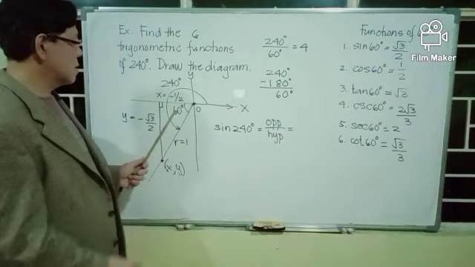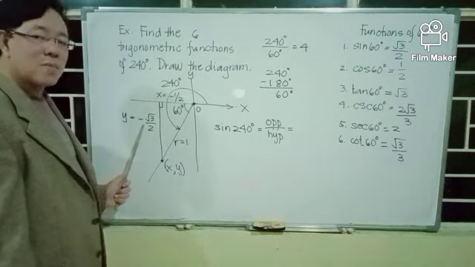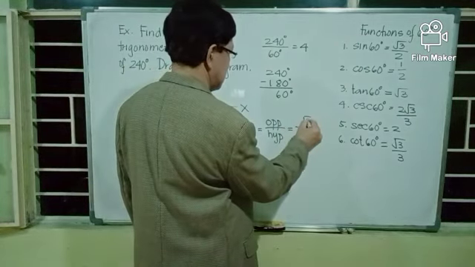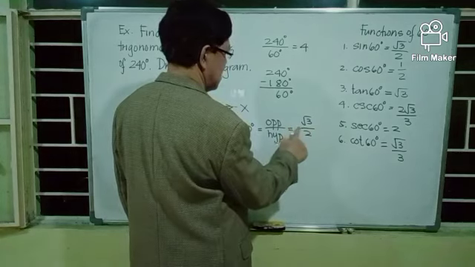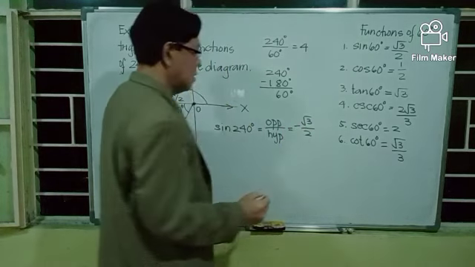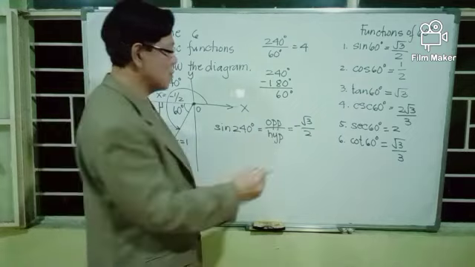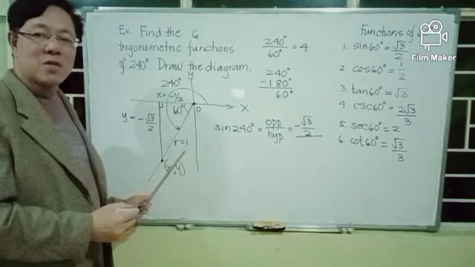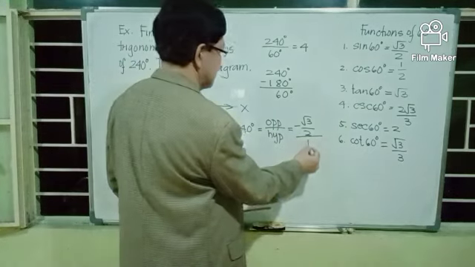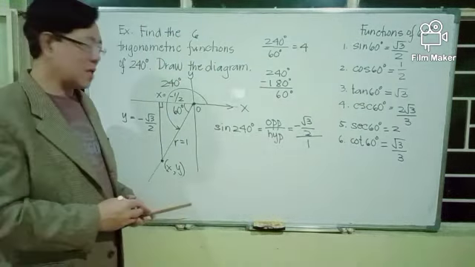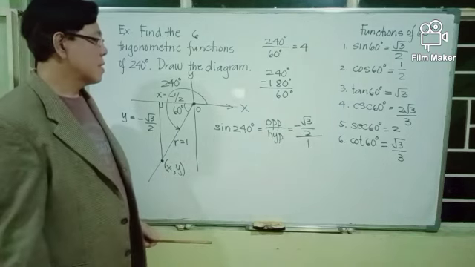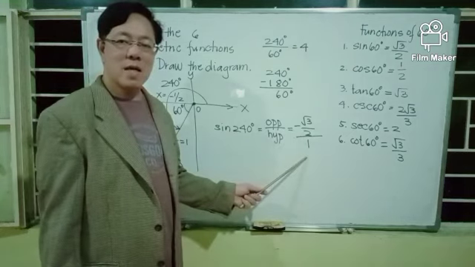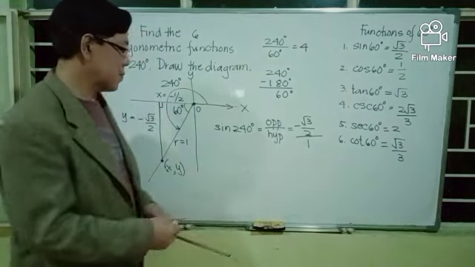Opposite 60 degrees is negative square root of 3 over 2. Divide by the hypotenuse. The hypotenuse is 1. It is the radius vector, which is always positive. Negative square root of 3 over 2 divided by 1 is negative square root of 3 over 2.